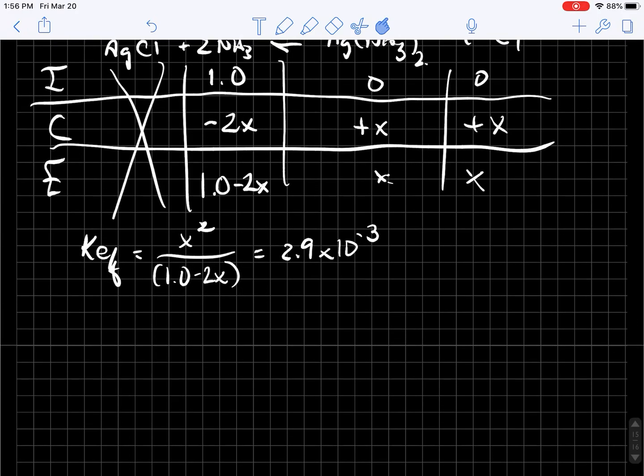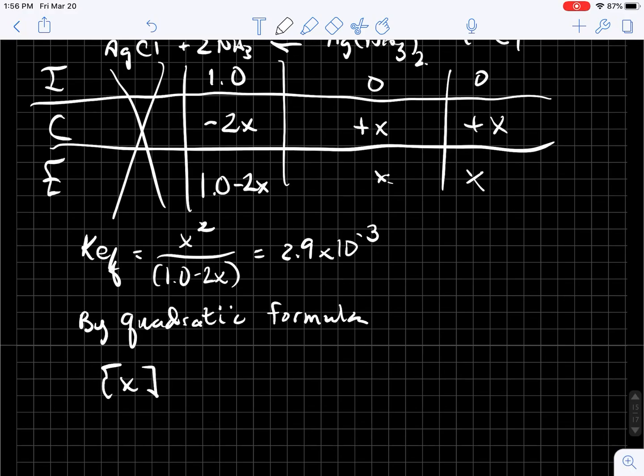And at this point, I would solve that, or set it equal to 0, and then use quadratic. So I can write at this point, I can write by quadratic formula.